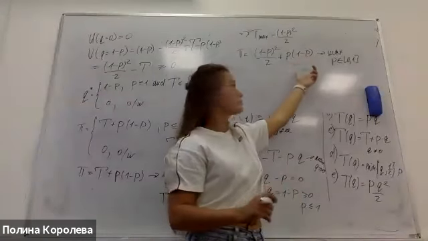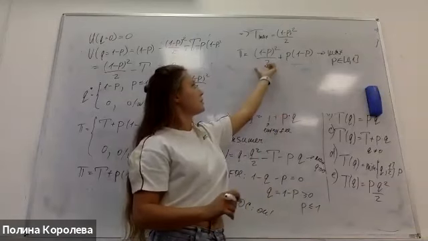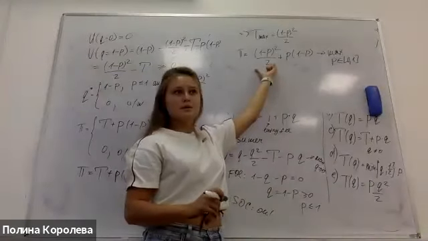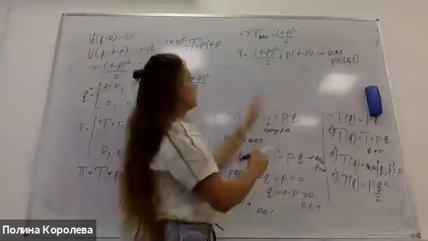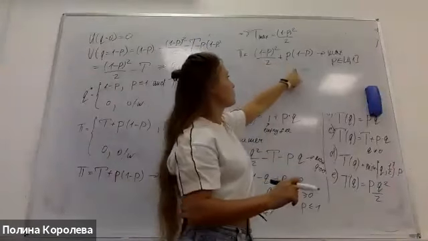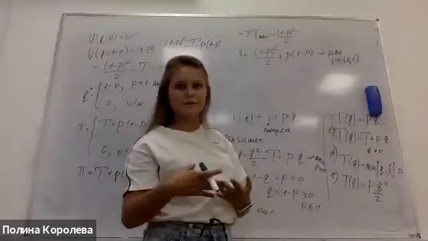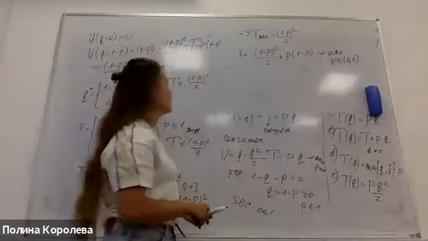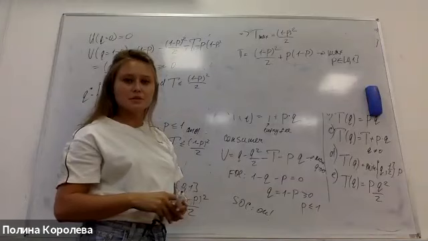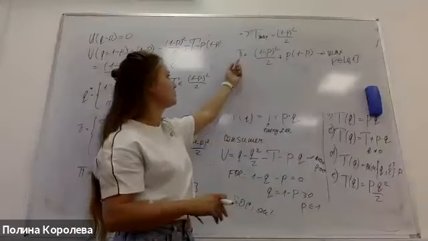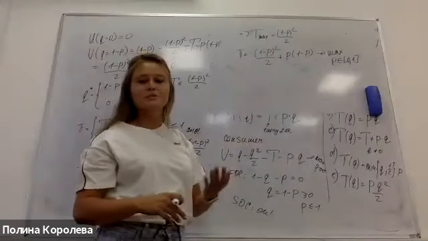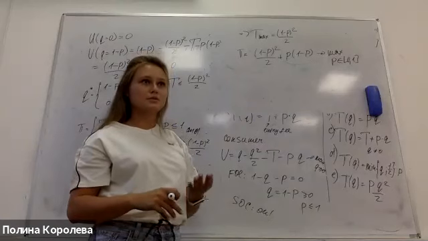And this part is consumer surplus. You know that consumer surplus plus profit as producer surplus gives us social welfare. So in a two-part tariff in such a situation, our firm maximizes social welfare.